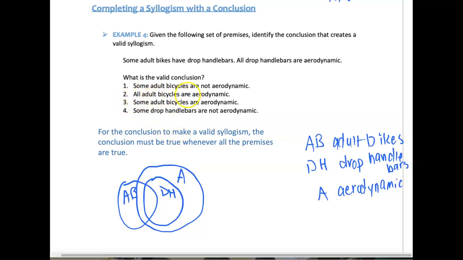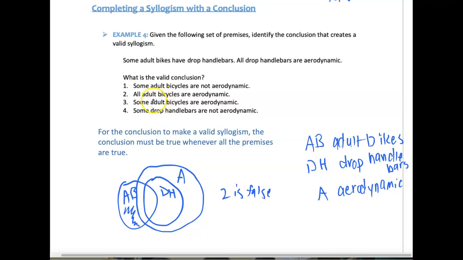All adult bicycles are aerodynamic. Well, number 2 is false in this picture, because what about these bikes over here? These adult bikes are not aerodynamic in this picture, right? So conclusion 2 is false.